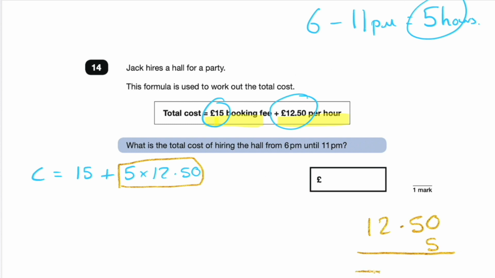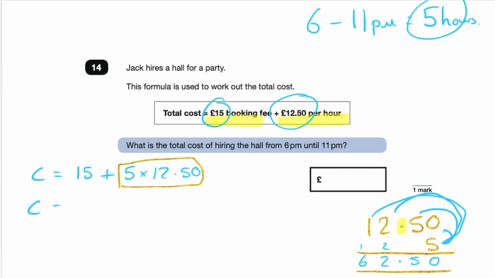Now when we're multiplying by a decimal, we can just ignore this decimal just for now, and we'll put it back at the end. 5 times 0 is 0, 5 times 5 is 25, 5 times 2 is 10, plus my 2 is 12, and 5 times 1 is 5, plus the 1 is 6. Put back my decimal, and my total cost for the hours is £62.50. So let's do the next line of my formula.